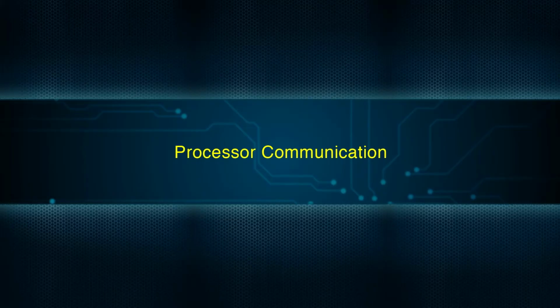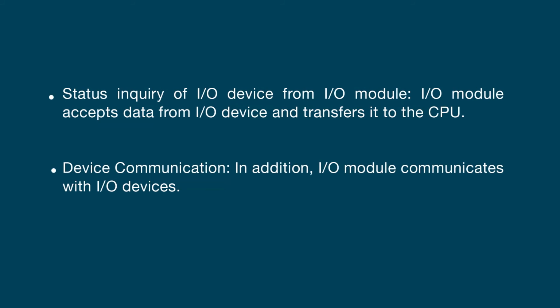Processor communication. The I/O module communicates with the CPU and I/O devices. It performs the following steps. Status inquiry of the I/O device from the I/O module. The I/O module accepts data from the I/O device and transfers it to the CPU. Device communication. In addition, the I/O module communicates with I/O devices.